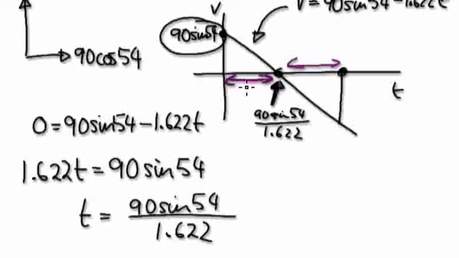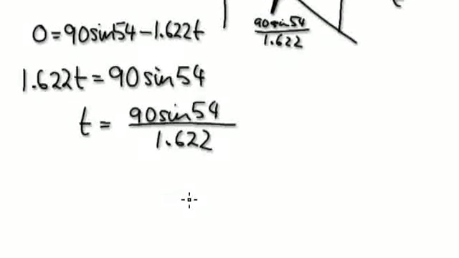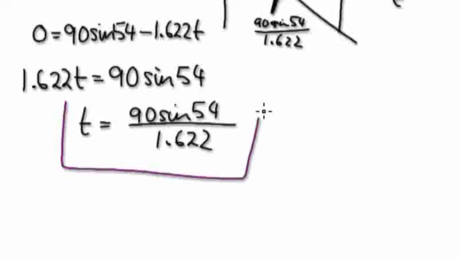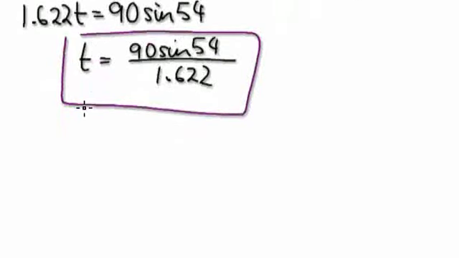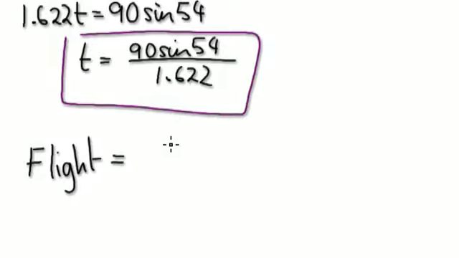Okay, so now that we've got this length here, the total flight time will be times 2, because here's 1 and here's 2. So just times it by 2. So now this is our T max here, the time it takes to get to T max. So let's times it by 2 to get the total flight time. So flight equals this thing here times 2.